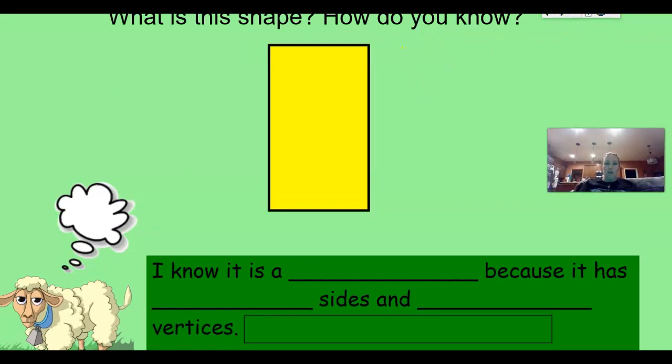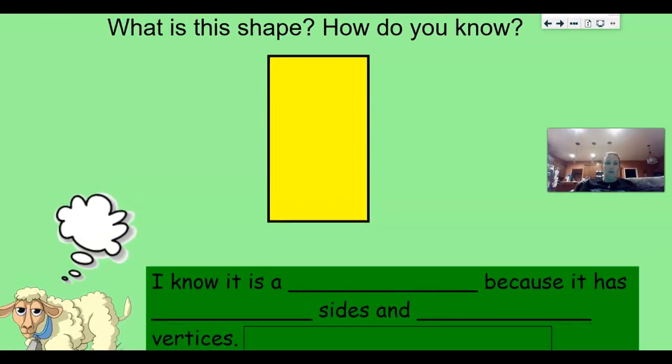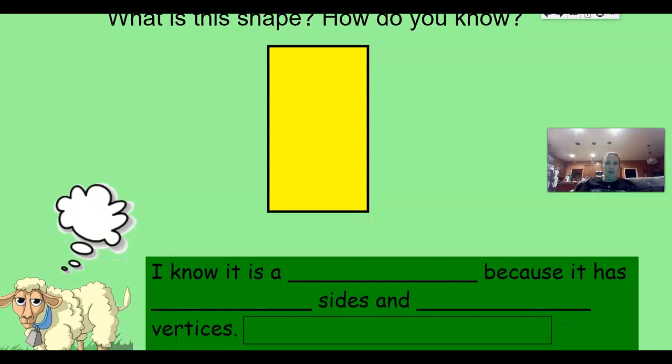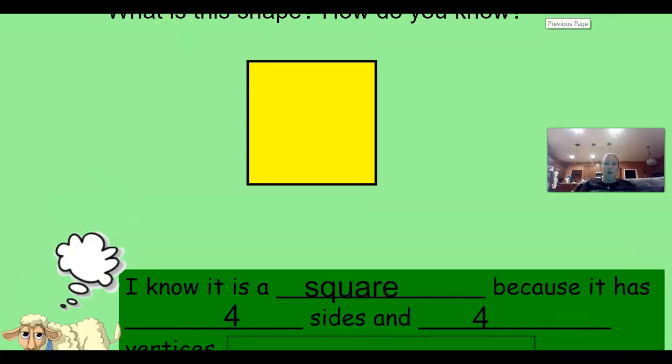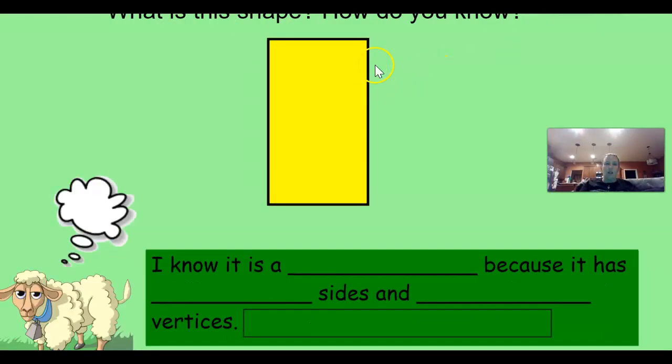Now let's take a look at this one. It says, what is the shape and how do you know? So think back to this one. We know that one's a square. It has 4 sides and 4 vertices or corners. First of all, what is this?